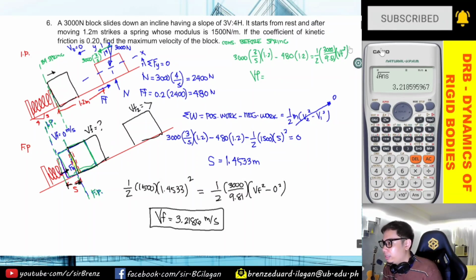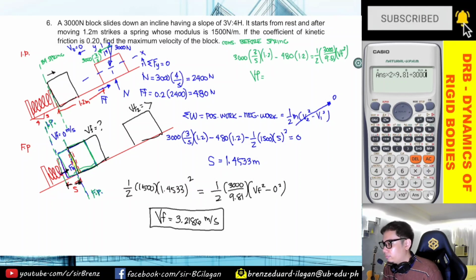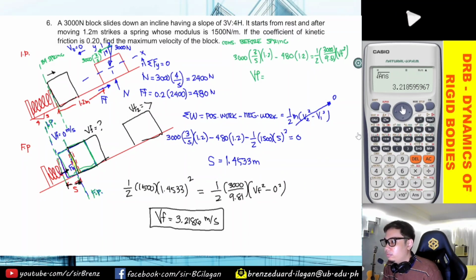Naisip ko lang, 3,000 times 3 divided by 5 times 1.2 times 2. Pareho lang sila ng velocity. So, pwede rin to.